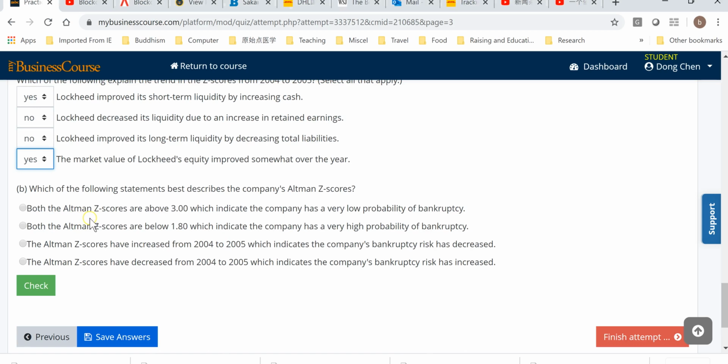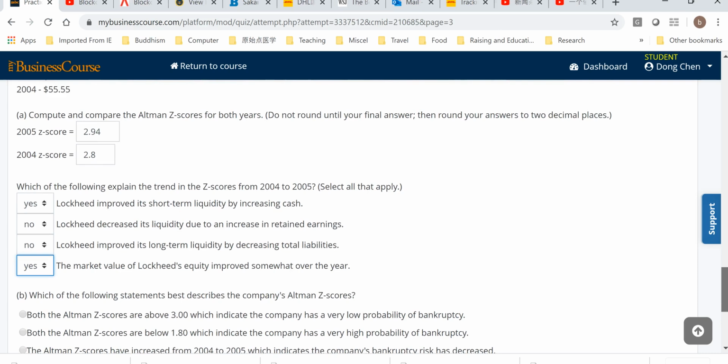So let's check. Both the annual Z-scores are above 3. Obviously, that's not correct. Both of the annual Z-scores are below 3. Not correct either. The annual Z-scores have increased from 2004 to 2005, which indicates the company's bankruptcy risk has decreased. The higher the Z-score, the lower the bankruptcy risk, right? Let's check whether that's correct. Yes, from 2004 to 2005, the Z-score has increased.